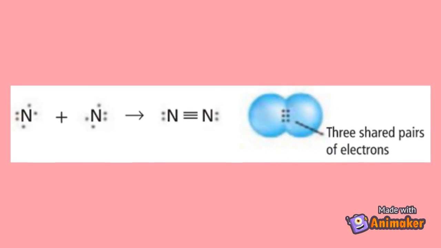For example, diatomic nitrogen molecules, N subscript 2, contain a triple covalent bond.